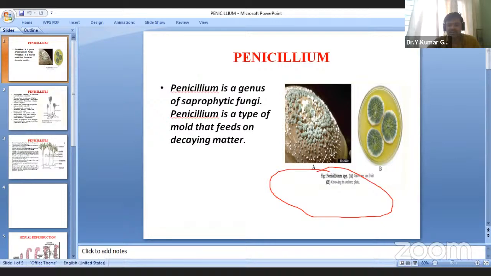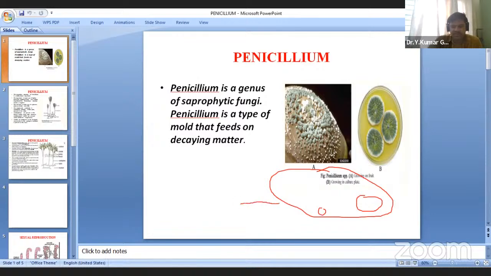This mycelium is made up of different hyphae. The mycelium is branched. This is the complete mycelium. These branches are called hyphae. All these branches, all the hyphae together, are called mycelium. And each cell is called a hypha, right? And this mycelium is septate.